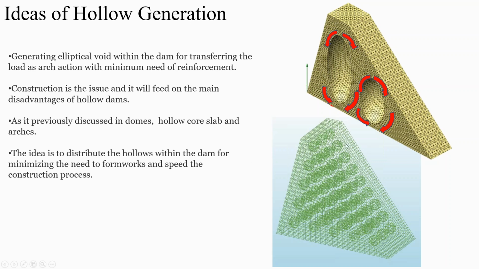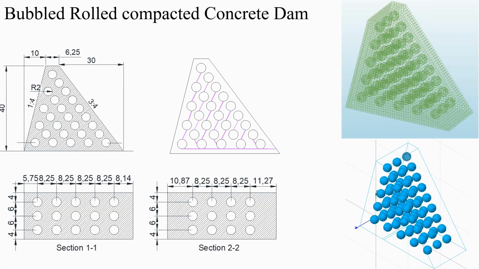So we thought about distributing spherical shapes within the dam and called it the bubble roller compacted concrete dam. This is our configuration of the bubble roller compacted concrete dam. We distributed bubbles with 2 meter diameter placed in a staggered arrangement as shown in the figures. So it is staggered.